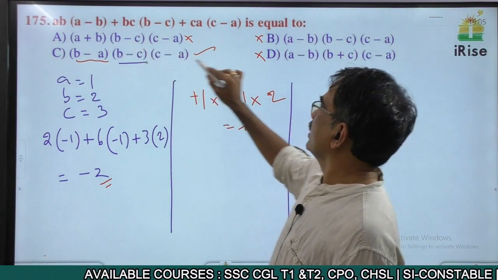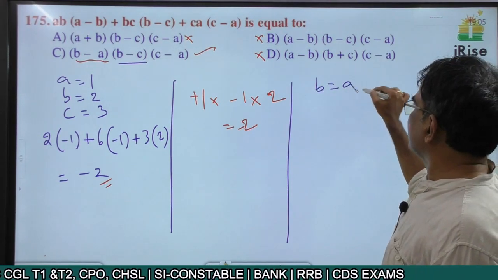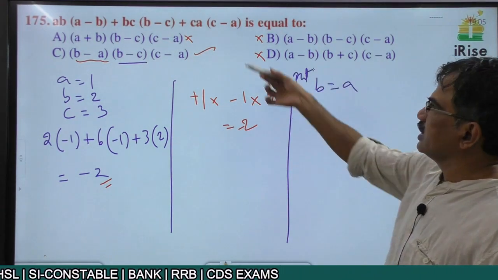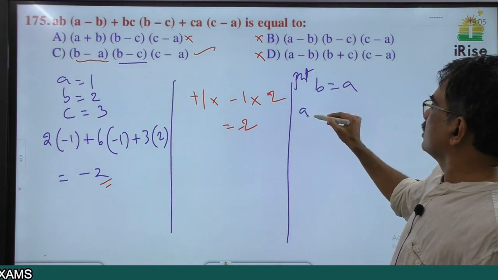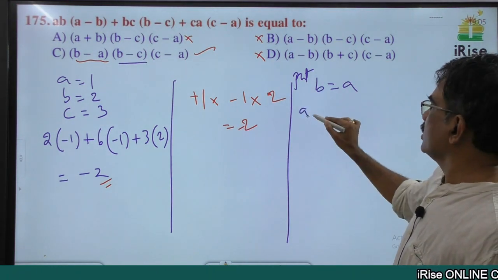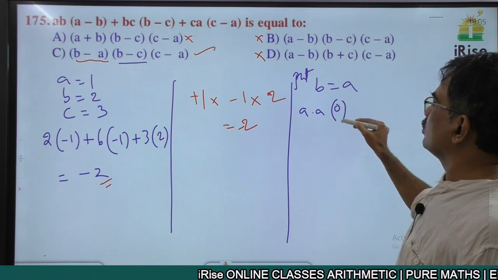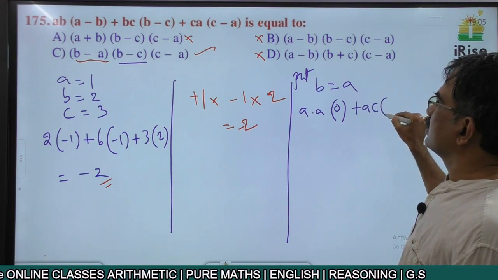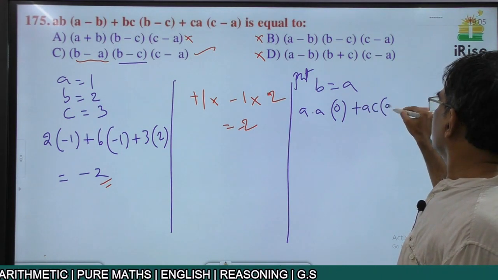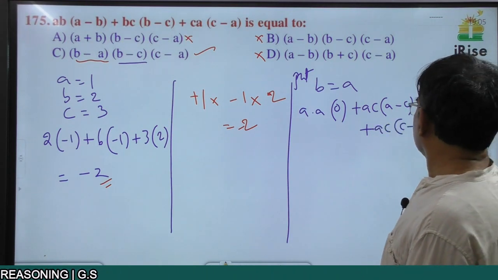For example, if A minus B is a factor or B minus A is a factor, put B equal to A in the given question. If you put B equal to A, A into A minus B, this value is 0. In the place of B, put A, C into A minus C plus AC, C minus A.